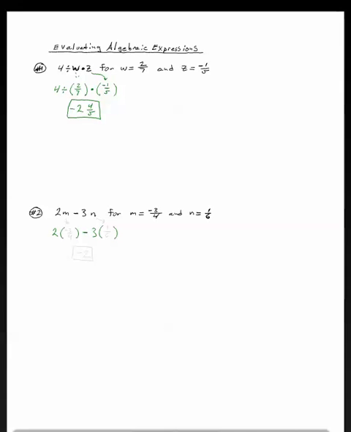And we know that that means to multiply. So the m, we want to replace with negative 3 over 4. And the n, we want to replace with 1 over 6.